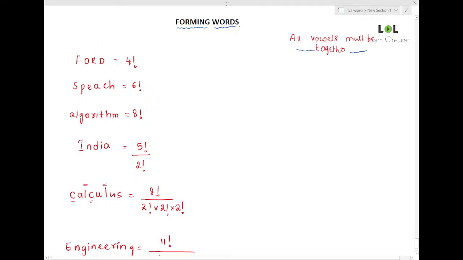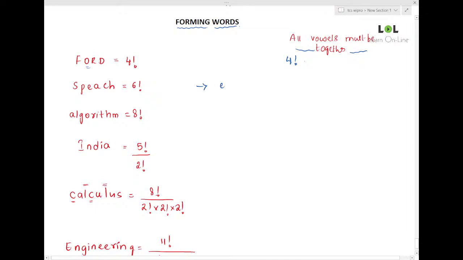All vowels must be together means what? Here, if you see, there is only one vowel, so nothing changes. The answer will be 4 factorial. But when you come to the next question, observe what is happening. Firstly, we will check which are the vowels.